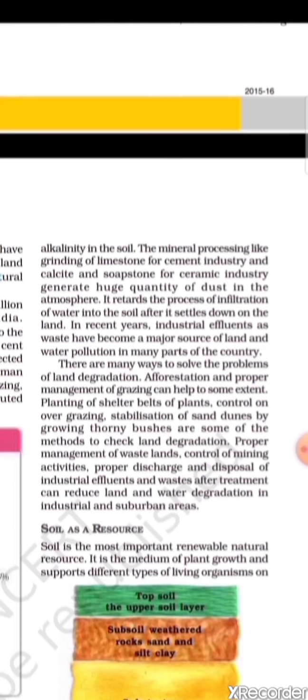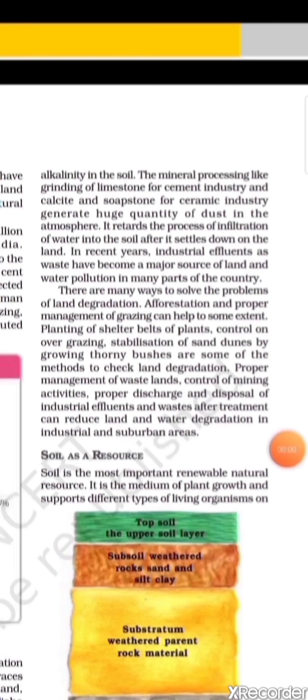It can be deforestation, overgrazing, over irrigation, mineral processing, water logging, etc. Then we learned what measures we can adopt to maintain the quality of land: afforestation, shelter belts, proper management of grazing land and control of overgrazing, stabilization of sand dunes, control of mining activities, and proper discharge and disposal of industrial effluents and waste after treatment.